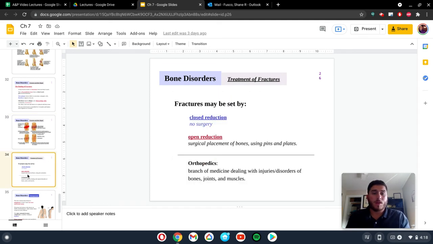So with that said, sometimes when there's broken bones, as some of you may know, there's a little more to it than just, oh no, I broke a bone and now let's let it heal. Sometimes we need to put those bones back in place, in a way so that the bones are stable and that they are in a line.